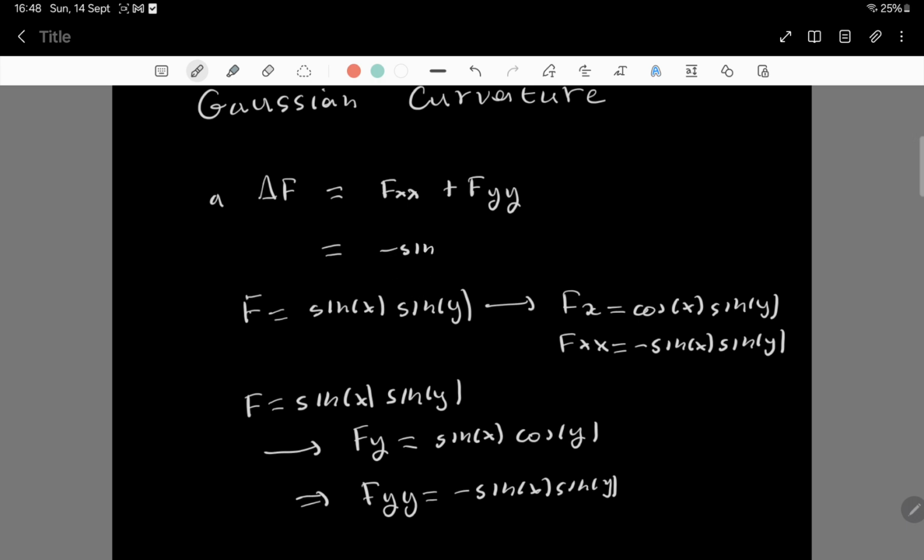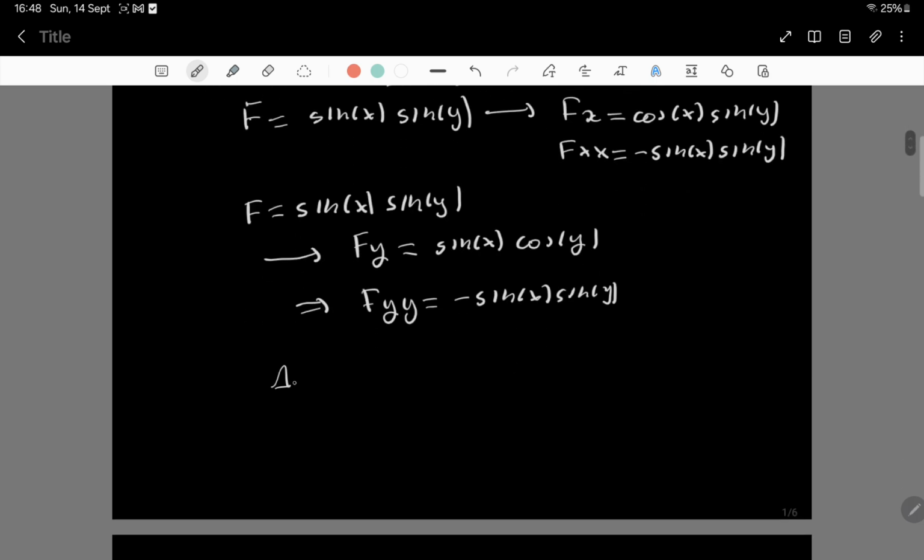It's minus sin x sin y minus sin x sin y, which is minus 2 sin x sin y. So I'll write underneath, Laplacian f is minus 2 sin x sin y for x, y in R2.